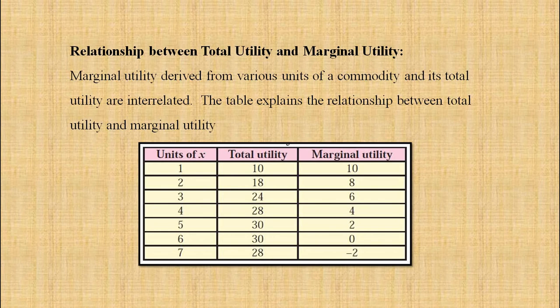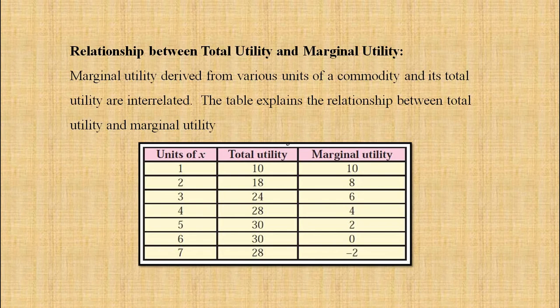Let us understand the relationship with the tabular example. Marginal utility derived from various units of commodity and its total utility are interrelated. The table explains the relationship between total utility and marginal utility. Here in this example, we have taken commodity X, units 1, 2, 3, 4, 5, 6, 7.